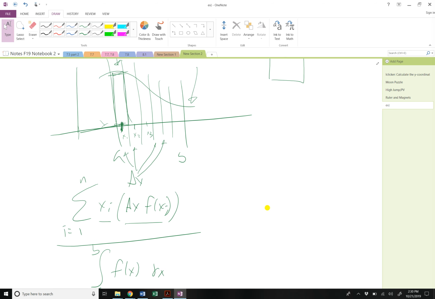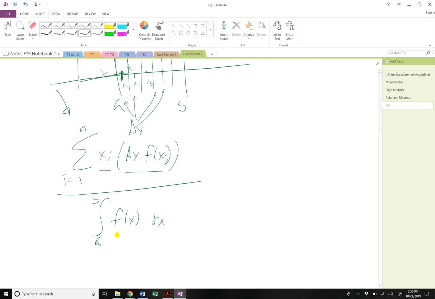Okay. So here, this is just doing what we just did with those two rectangles. We found the x-coordinate of each, we multiplied by the weight or the area associated with each of the rectangles, and we added them up, and then you divide by the total area. So that's just what we've done so far.